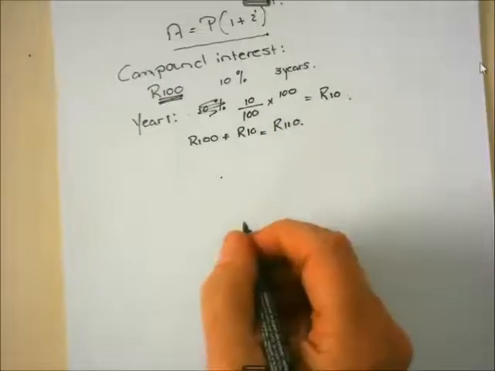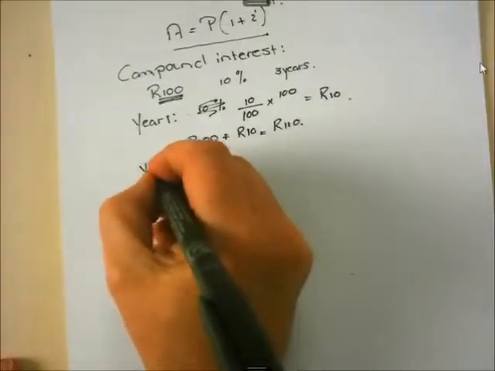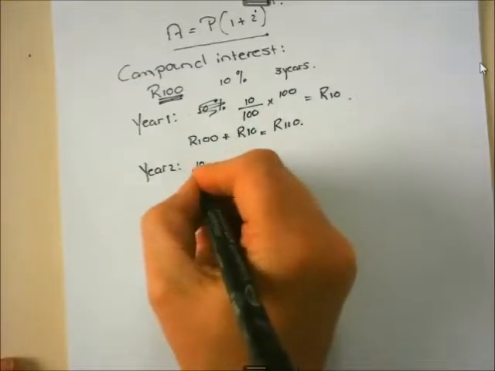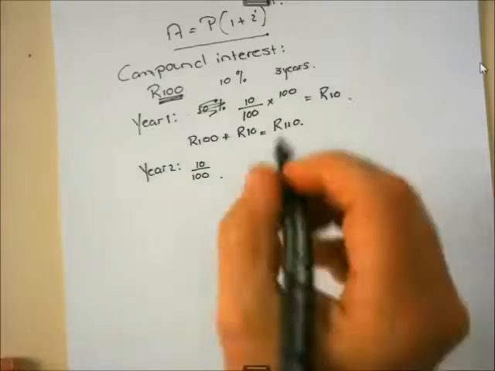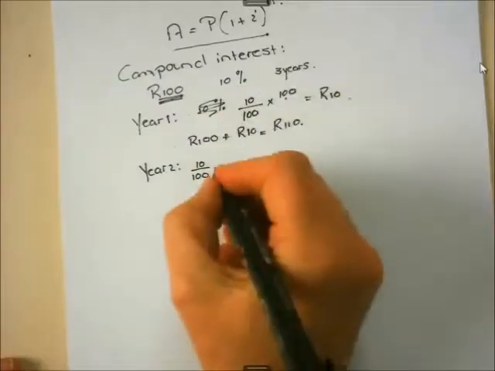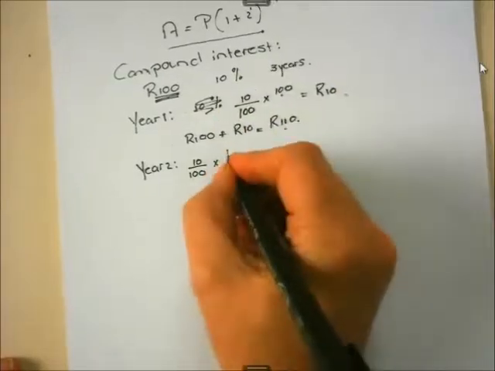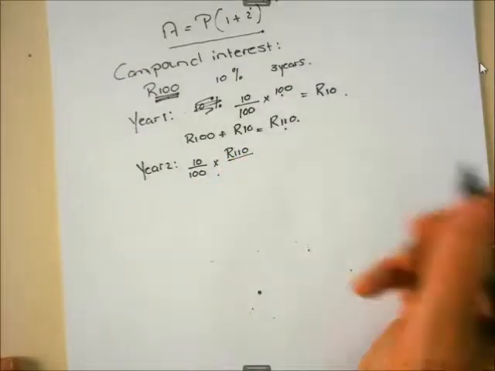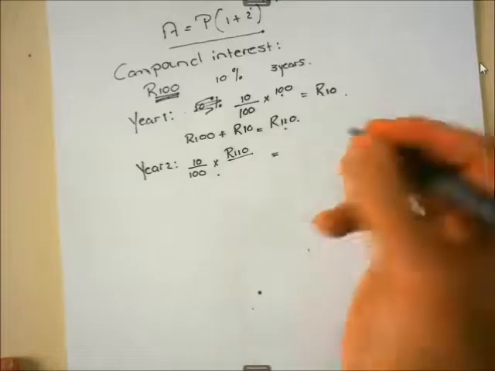So when you go for year 2 and work out your 10%, you are no longer going to work it out only on 100 rand. You are now going to work it out on 110 rand.